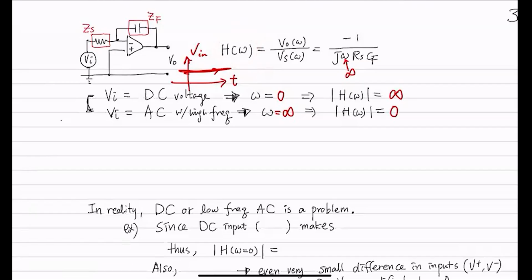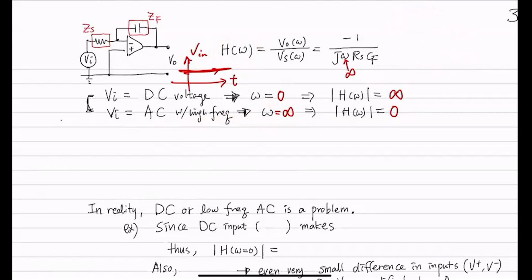So if your input has a low frequency or a DC volt, then your output to input ratio is going to be infinite. So if you apply just 1 volt in there, you're going to have infinite coming out. And if you have the same amplitude, but that's an AC with a high frequency, then that means your input frequency is infinite, and your output amplitude is going to drop down to 0.